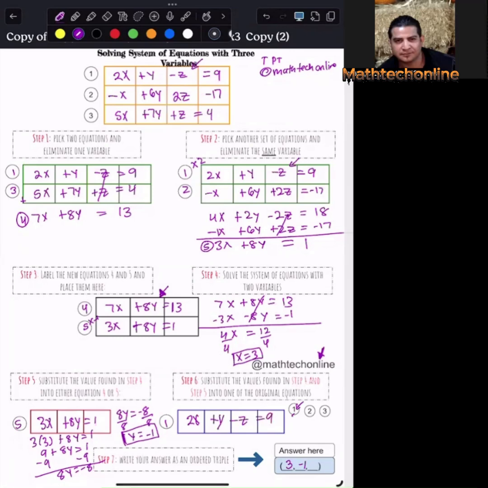And you can plug it in one time, but I would like to show the steps. 2 times 3 minus 1 minus z equals 9.